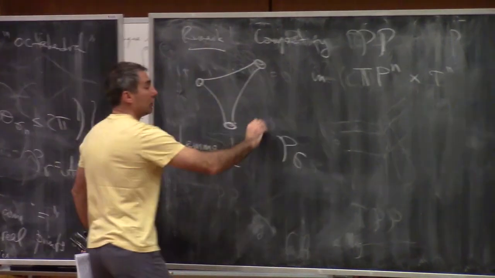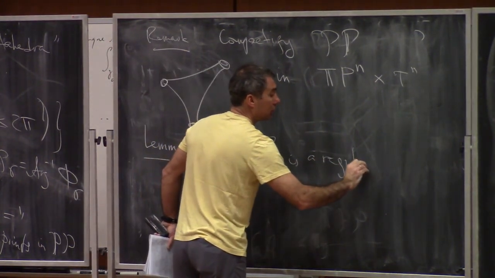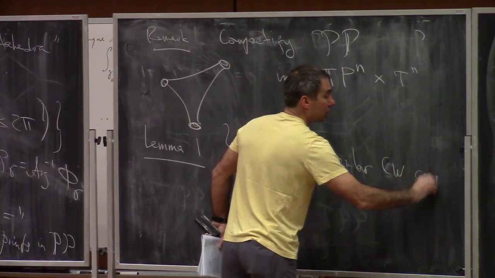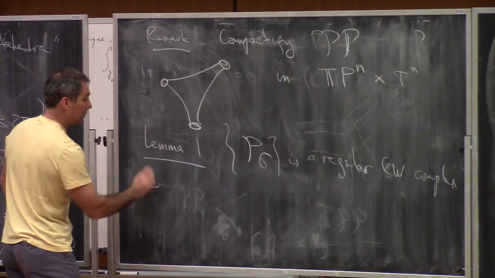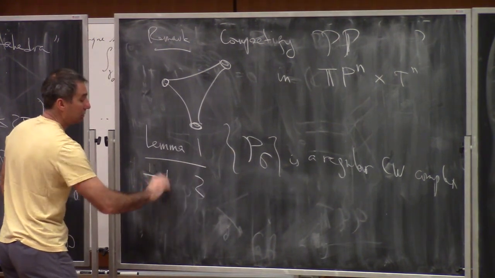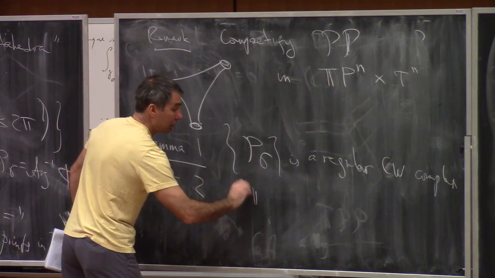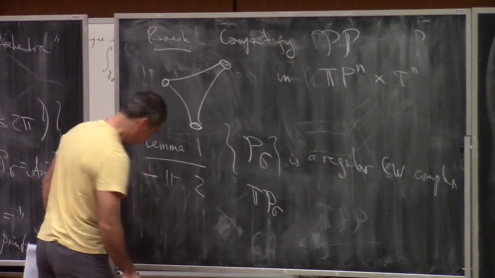So this P sigma is a regular CW complex. And lemma 2 is the same thing, only with T P sigma here.